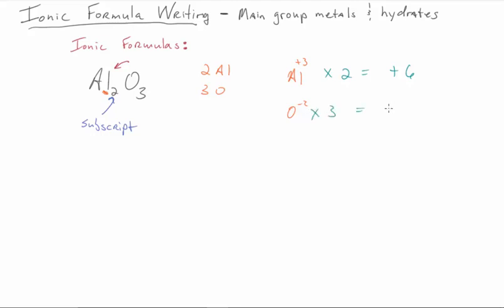Multiply -2 times 3, it gives me a total of -6, and now I have the same number of positive as negative. All I did was find the least common multiple between the charges. This is the simplest combining ratio when aluminum and oxygen react, and we refer to it as the ionic formula.